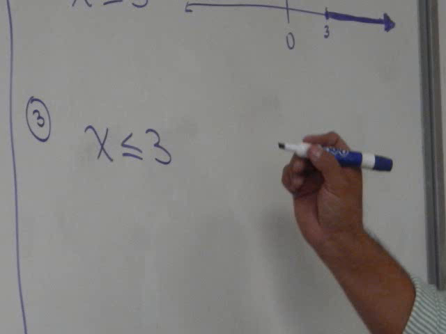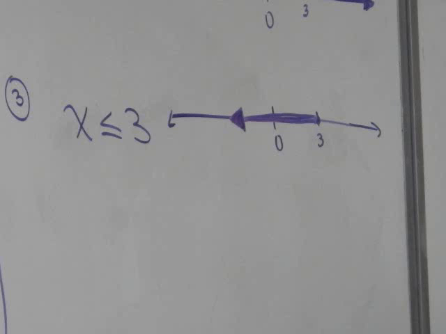What if we have the less than or equal to? Is 3 a solution to this inequality? Yes. 3 is not less than 3, but it is equal to 3. That means that I get to put a little dot on 3 again. There's the 3.